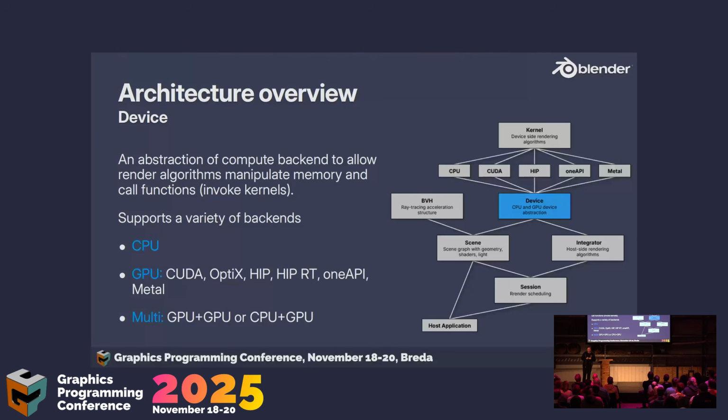And last but not least, there is the abstraction for the compute backends, which we call device. The basic idea is that all those compute backends are seen through a similar API from the scene and integrator perspective, for memory management and scheduling kernels. We have the device abstraction implemented for the CPU, and for all the major compute backends like CUDA, OptiX, HIP, Metal, and oneAPI.